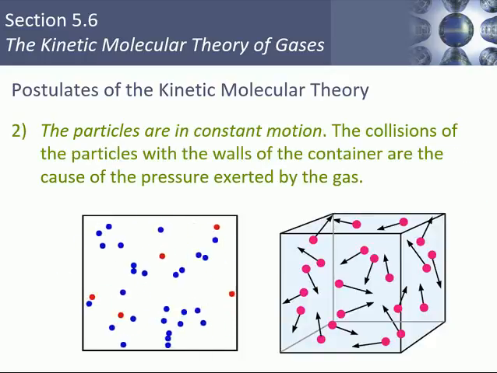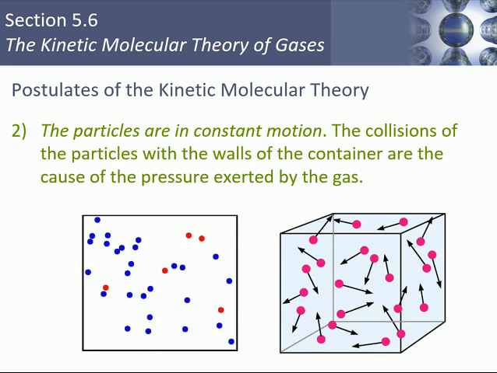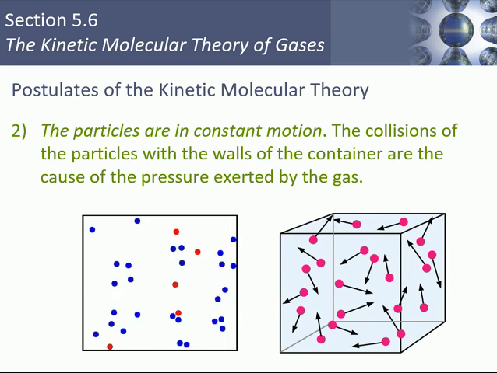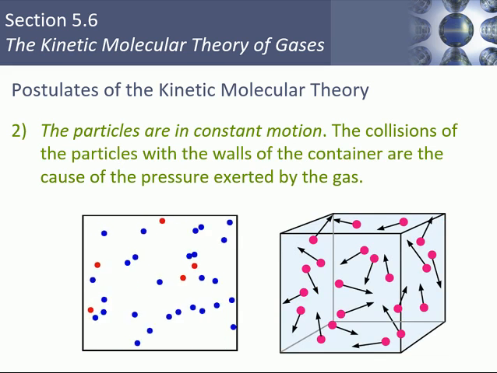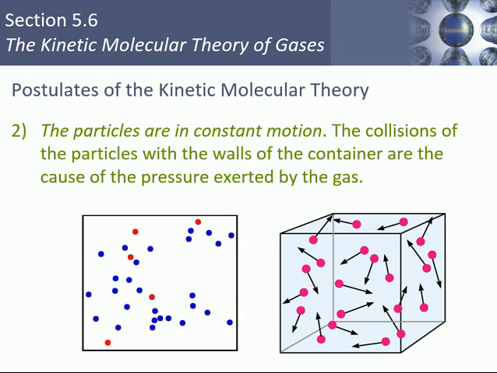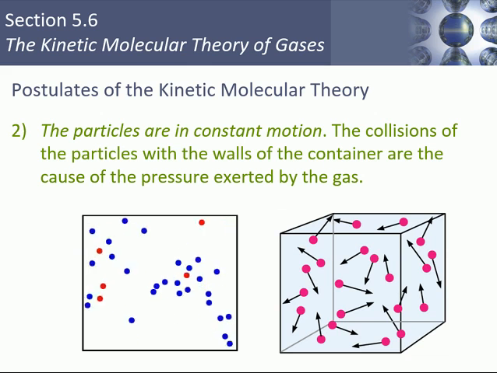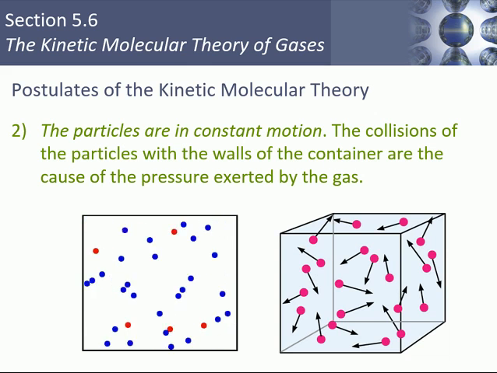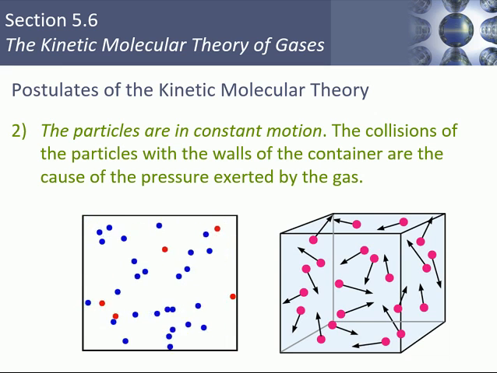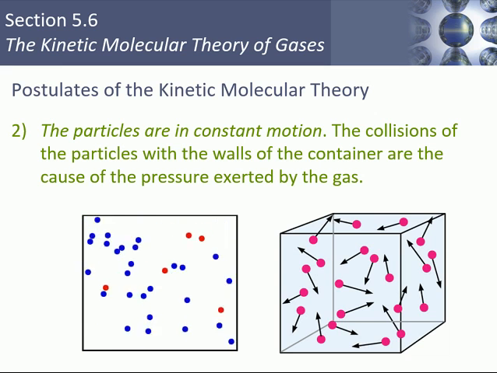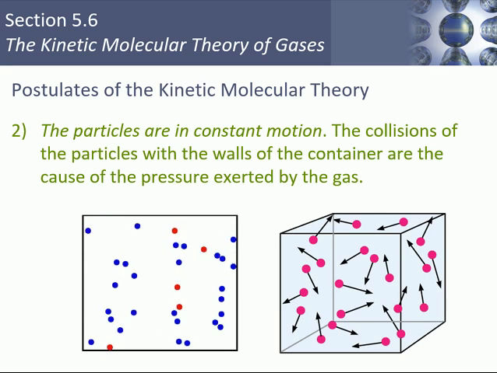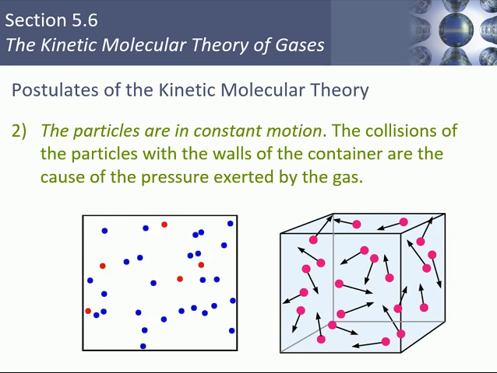So if we go back to the previous slide and look at this graphic, as you pick out one of those gas particles and follow it as it zooms around, notice that none of those gas particles are curving towards another gas particle or away from another gas particle. No attraction or repulsion. They're all moving in straight lines until there's a collision.